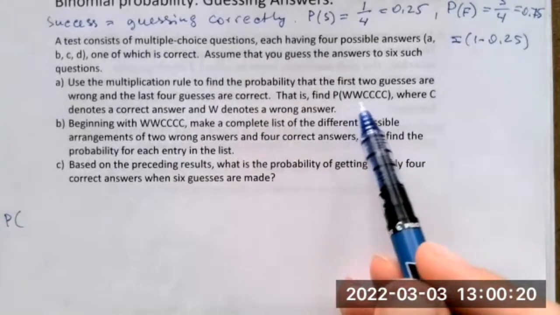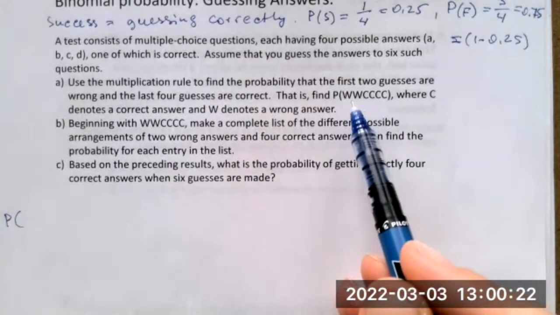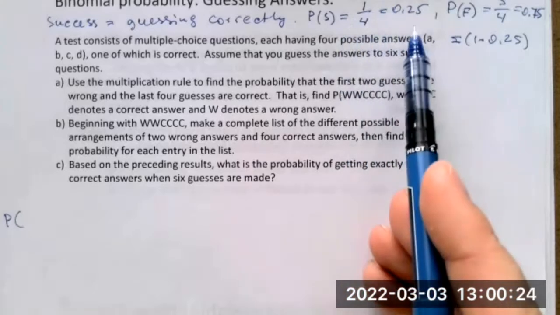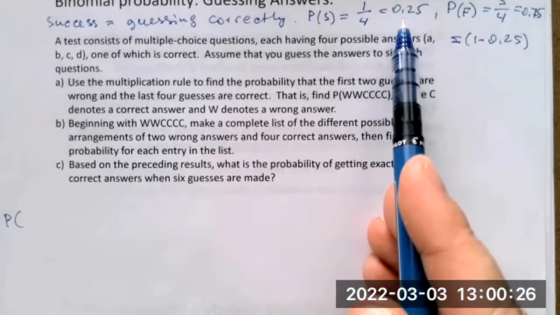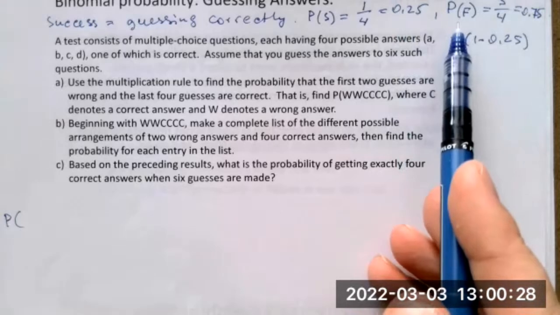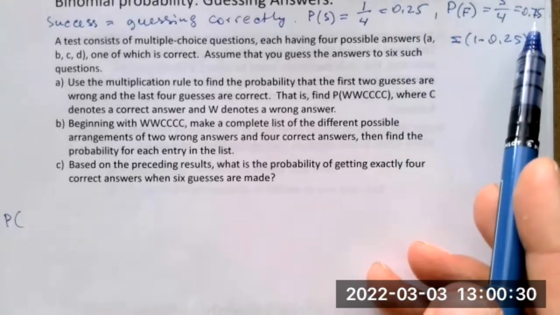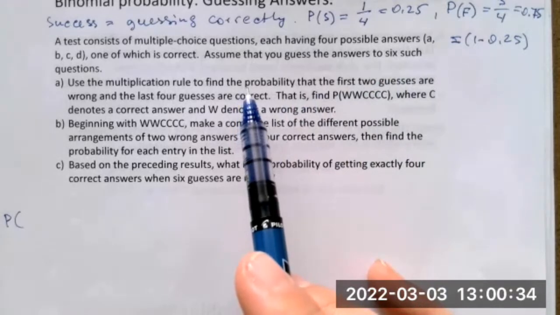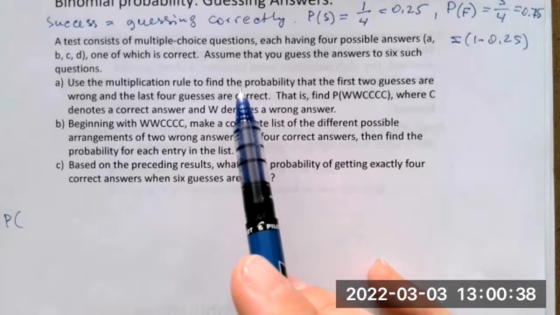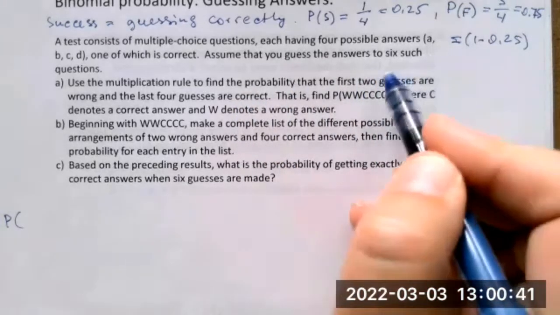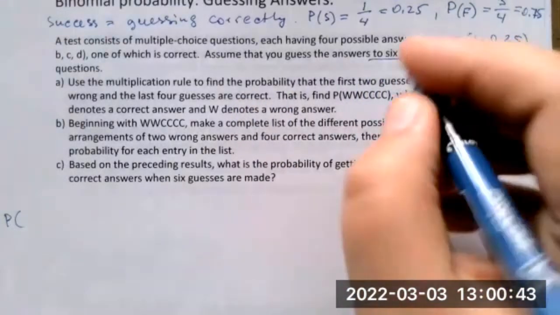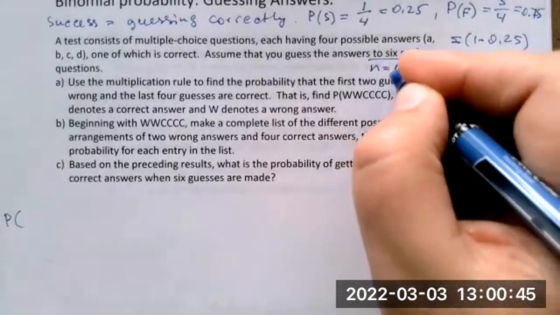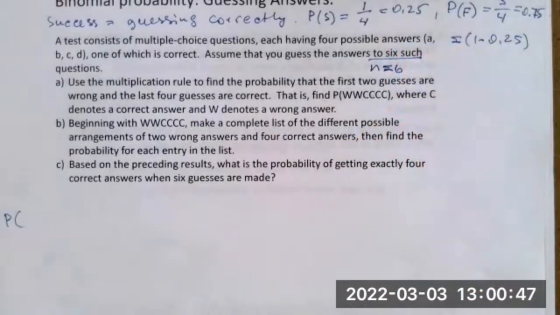We have a binomial distribution because we have a Bernoulli trial where the probability of success is 0.25 and the probability of failure is 0.75. But then we repeat this guessing procedure. How many times? 6. So 6 questions. N equals 6. We repeat the procedure 6 times.